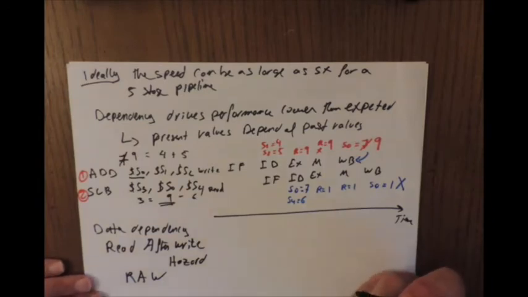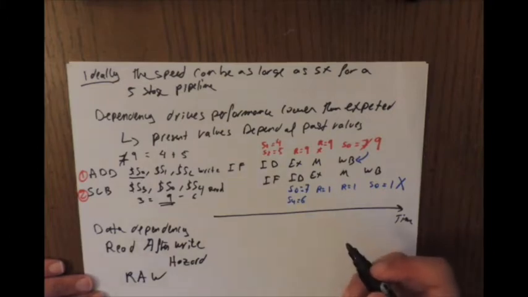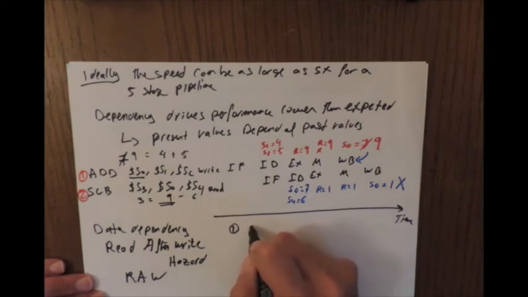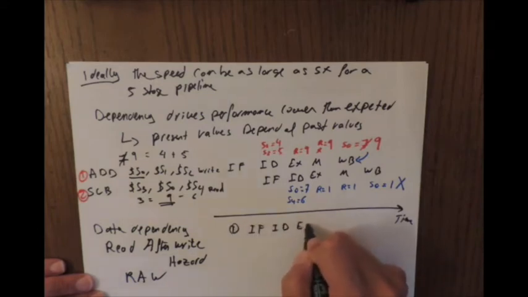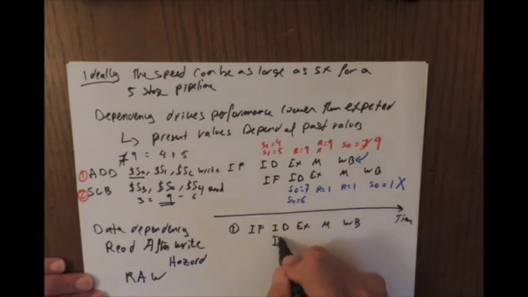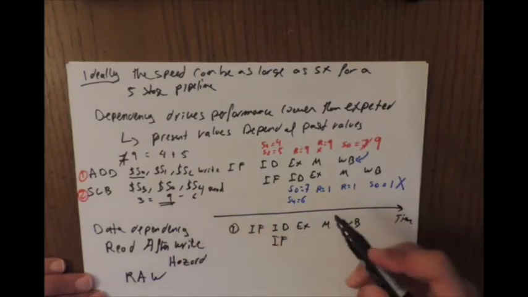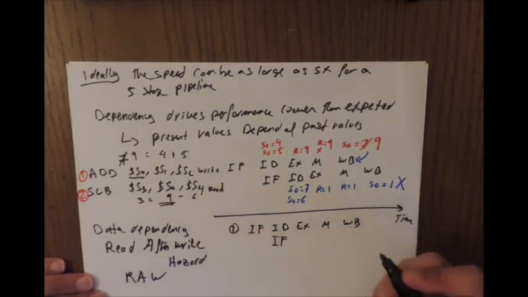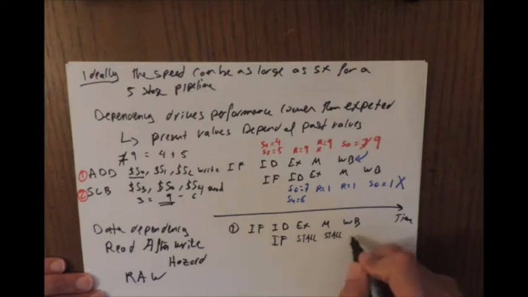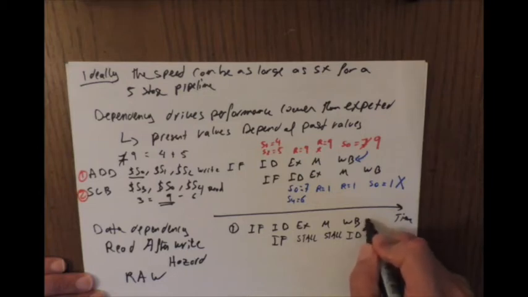So the simplest way they try to solve this is by stalling the processor. So what happens is that 1 will be IF, ID, EX, memory, write back. As I fetch, I detect that I have a read after write hazard. So what I do is I need to stall, just inserting no operation, until ID is directly under write back, and I'm going to explain why this works.